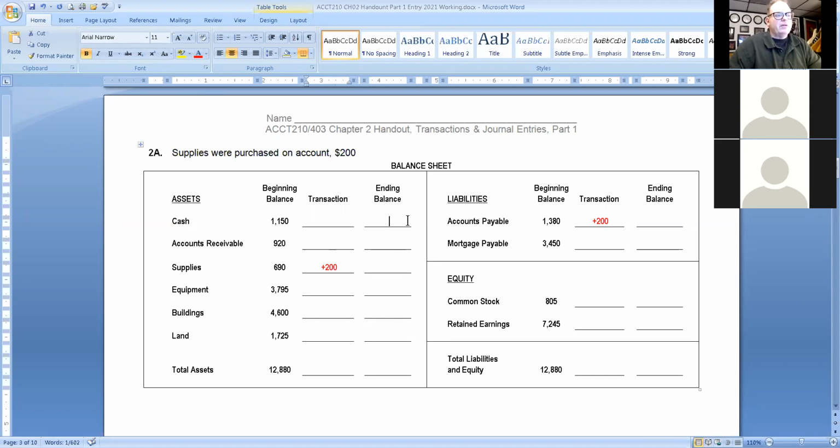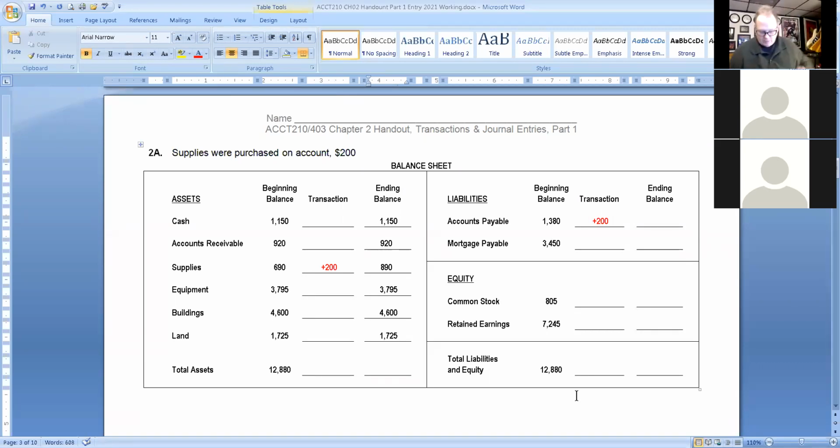So this is still balanced. $200 more than that, so I think it should be 1380.